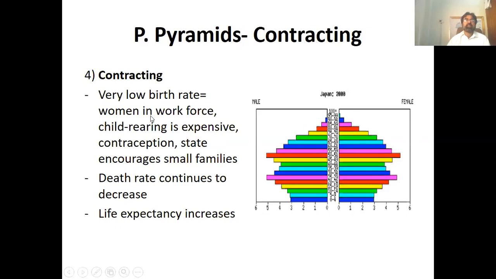Contracting: very low birth rate, women in the workforce, child rearing is expensive, contraception, the state encourages small families, the death rate continues to decrease, and life expectancy increases. Because of all these factors, this is how a contracting population pyramid forms.